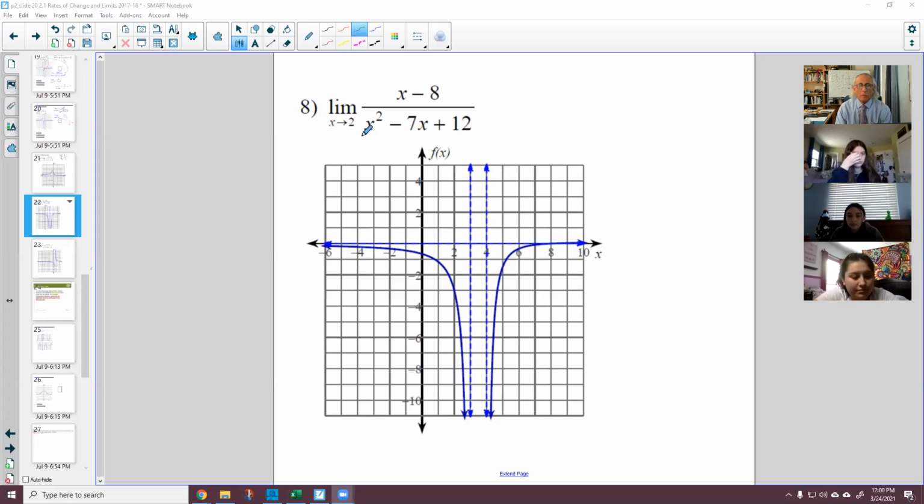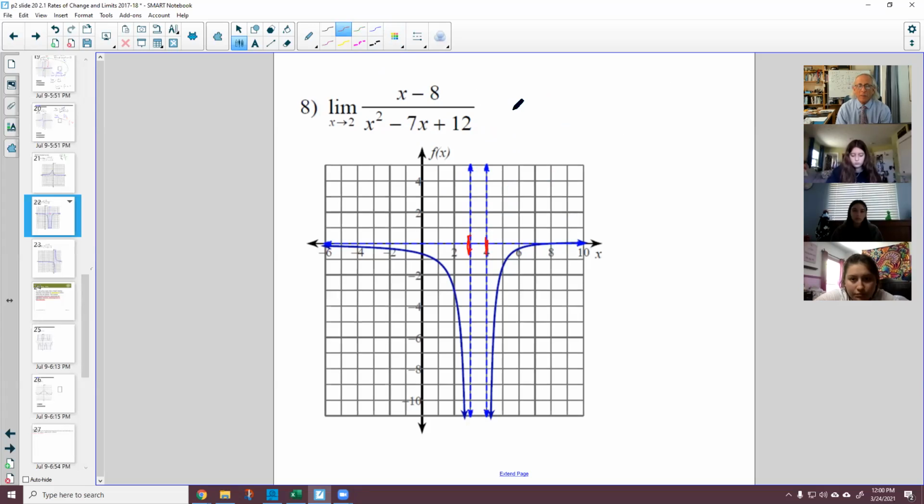So looking at this graph here, it looks to me like I have a vertical asymptote at x equals 3 and at x equals 4. Can you see that? Yeah, and we know we get vertical asymptotes when the denominator is 0. Are you good with that?